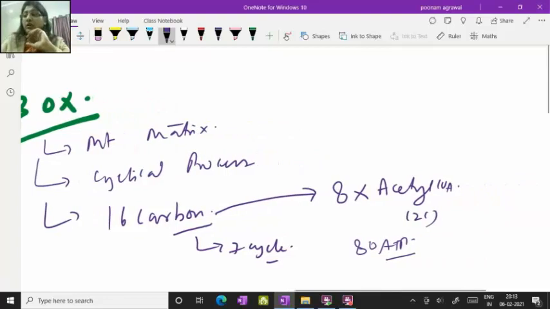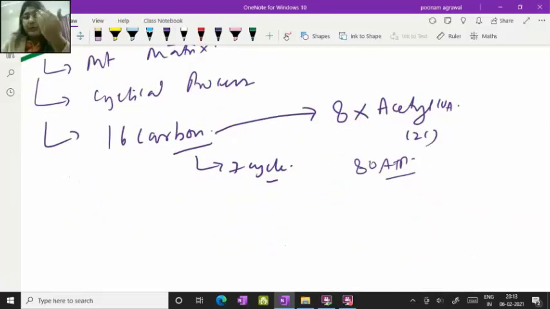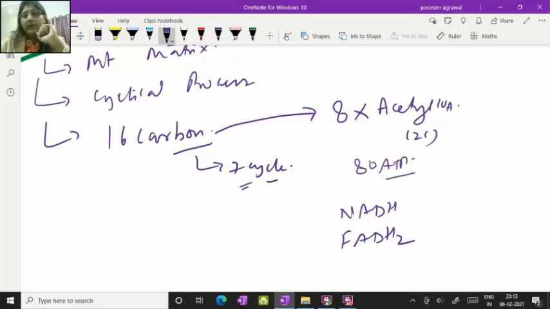And this is not the end. We have more production of ATP from the NADH and FADH2, which we derive during the cyclical process of beta oxidation. Each cycle produces 1 FADH2 and 1 NADH. So 7 cycles produce 7 FADH2 and 7 NADH.